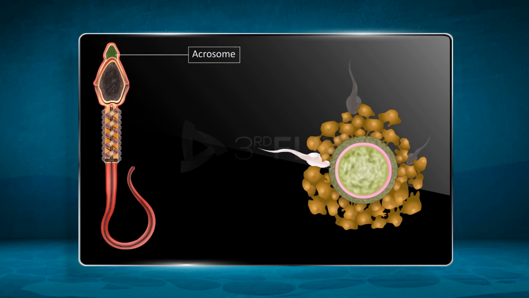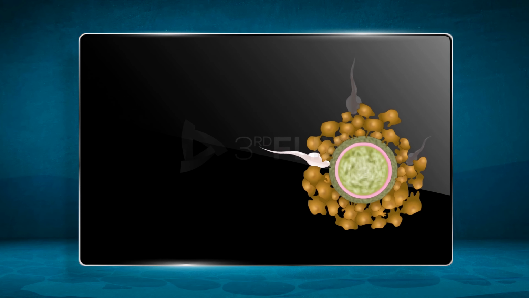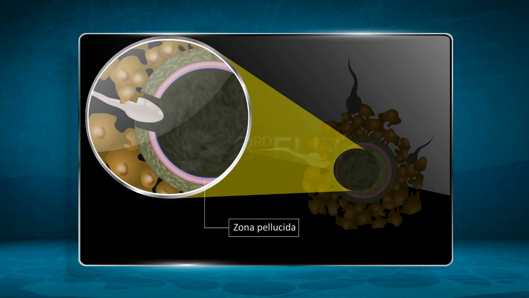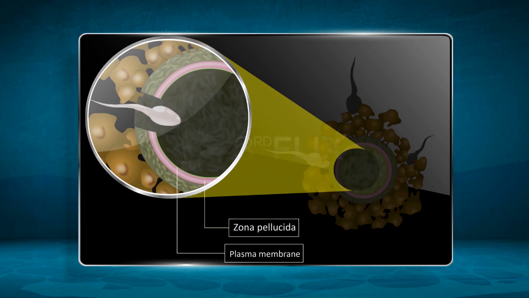The acrosome of the sperm releases the enzyme acrosin, which dissolves the membrane of the zona pellucida and the plasma membrane. This helps in the entry of the sperm into the cytoplasm of the ovum.